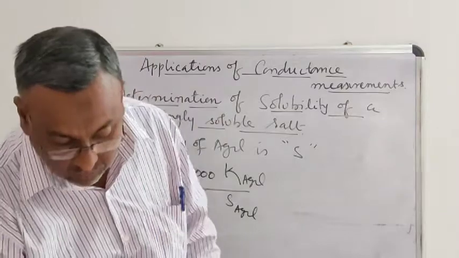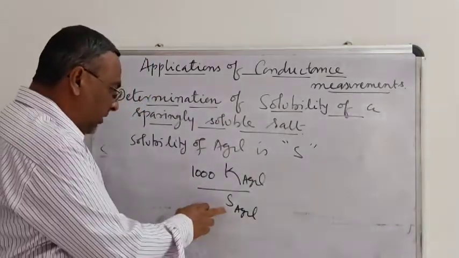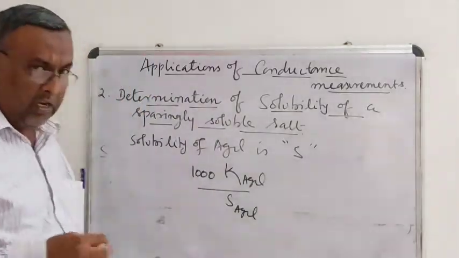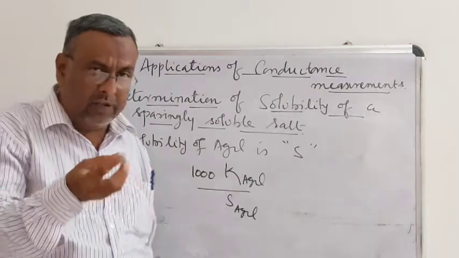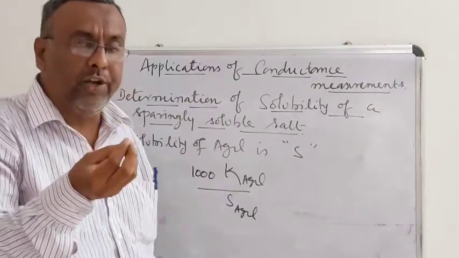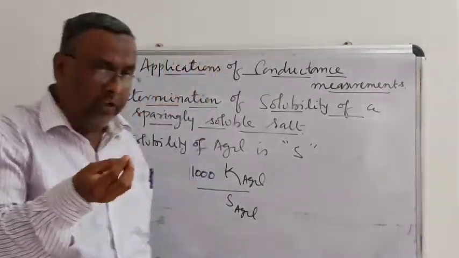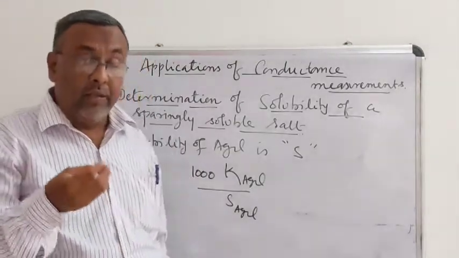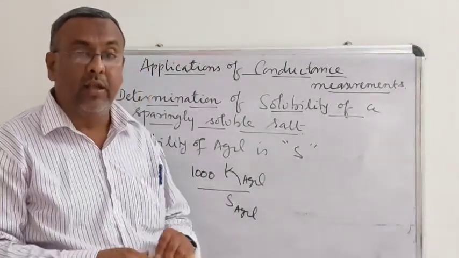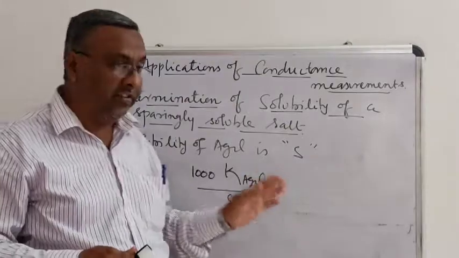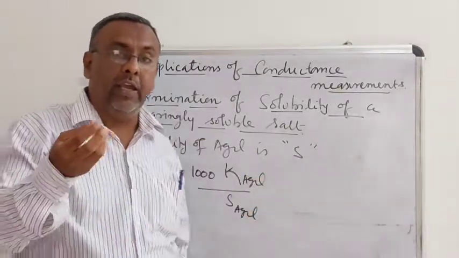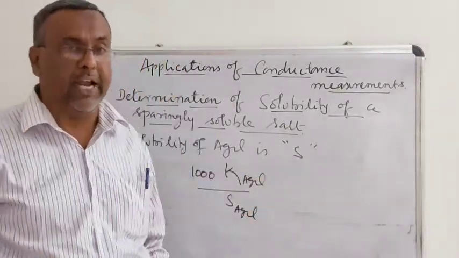Now, as the solubility of AgCl is very low, because a minute quantity of AgCl goes into the solution, this is taken as an infinitely dilute solution.